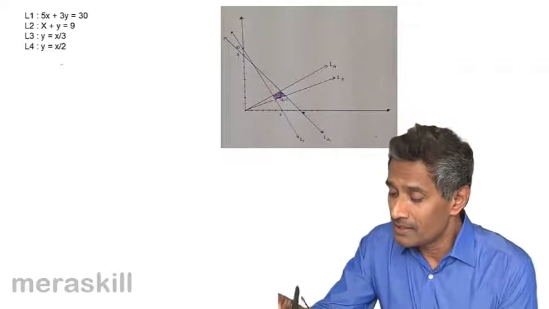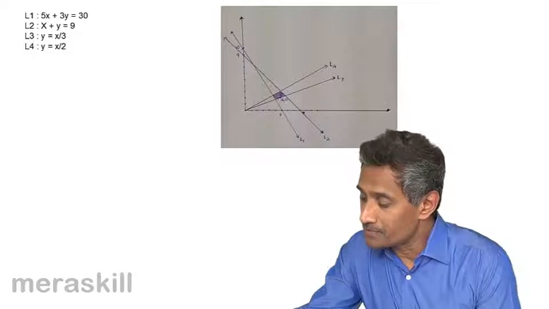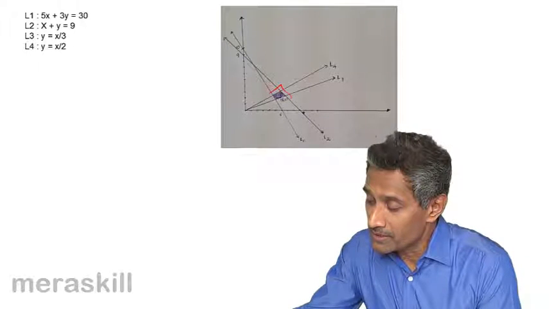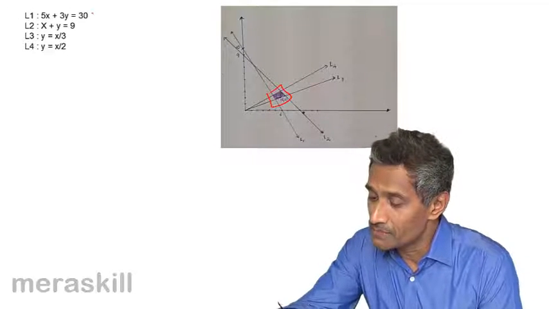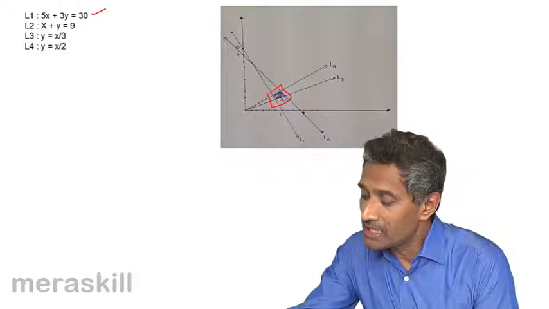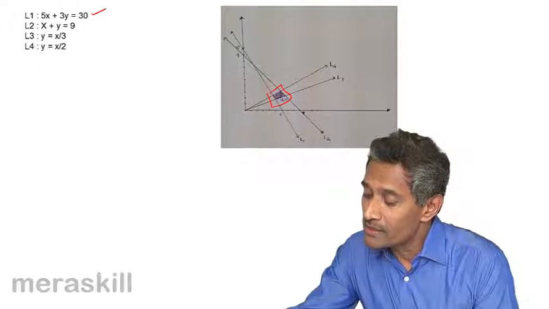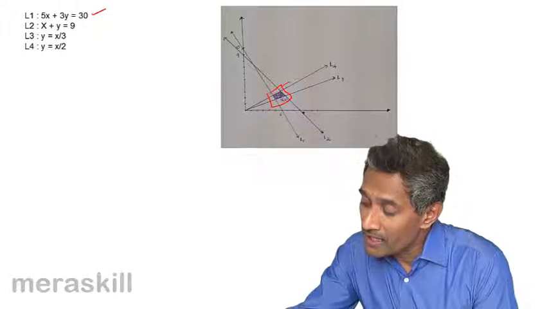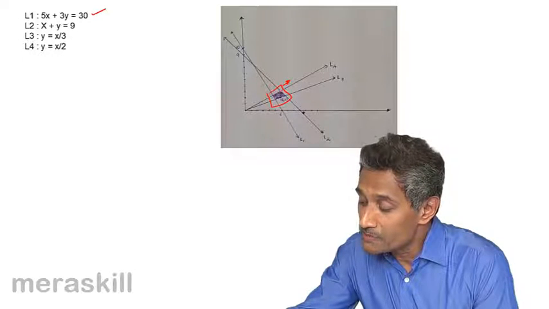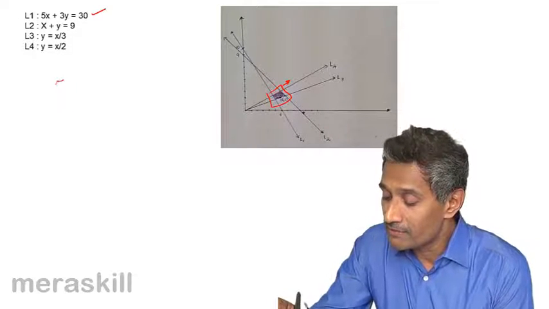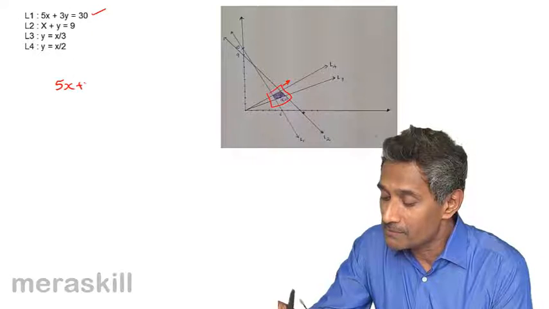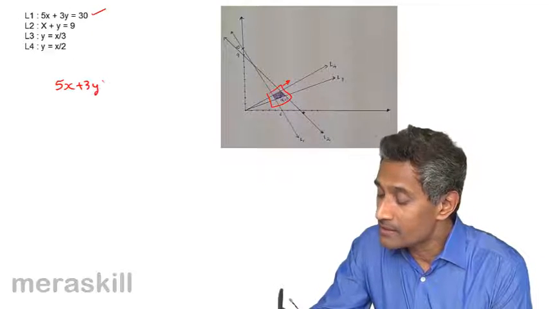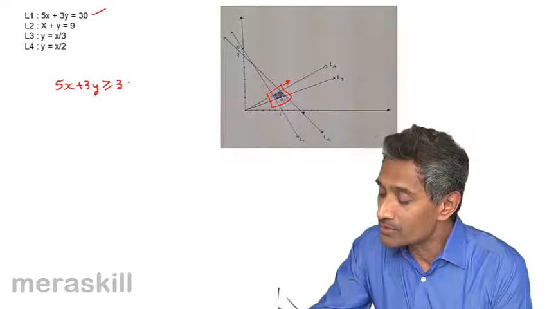Now let us see this particular region with respect to this particular line. If you see, this region is moving away from the origin. So this region will be falling in the region 5x + 3y is greater than or equal to 30.